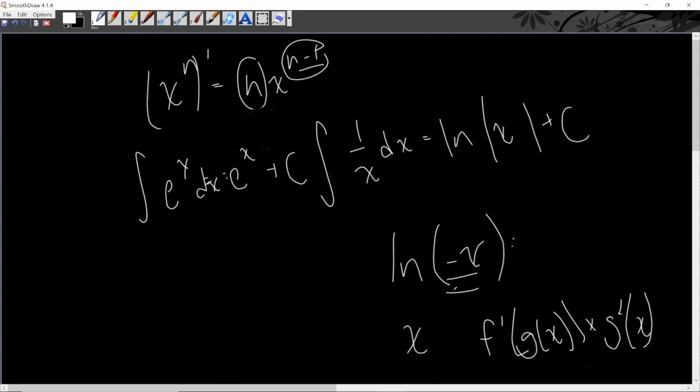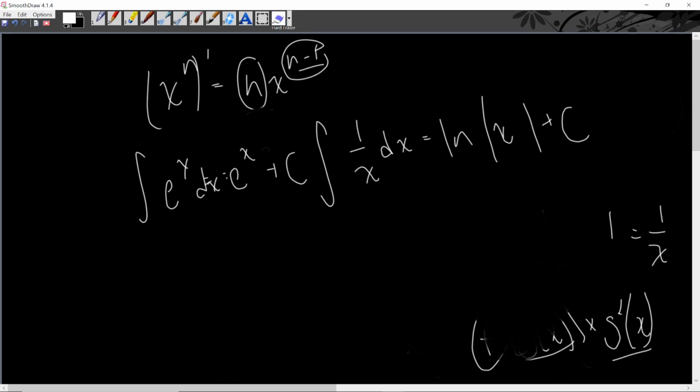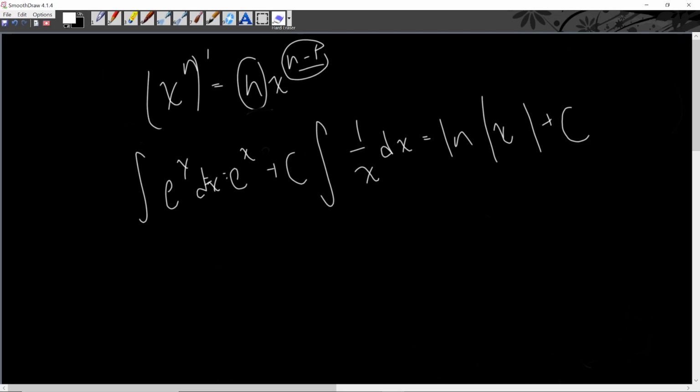The derivative of ln is 1 over something, so 1 over negative x, times negative 1. The negatives cancel out, and you still get 1 over x. So the derivative of ln x is the same as the derivative of ln of negative x. To account for that, we need to include the absolute value symbols because ln of x and ln of negative x both have the same derivative.